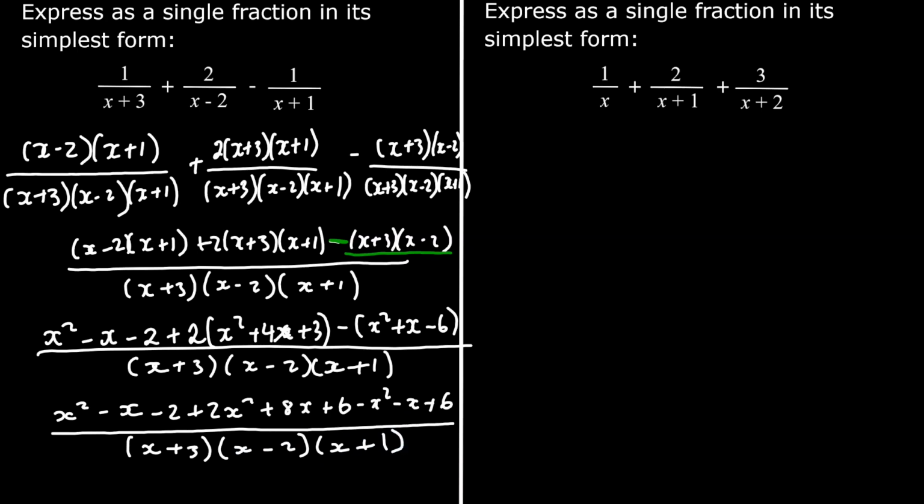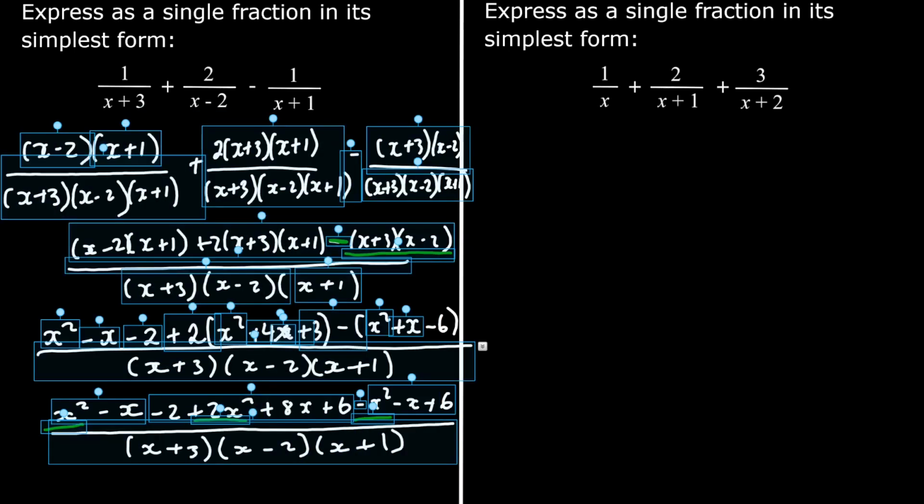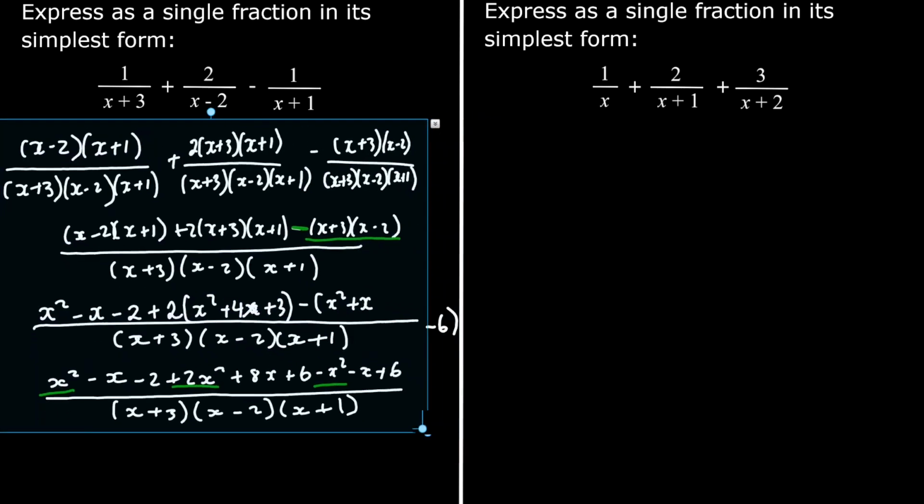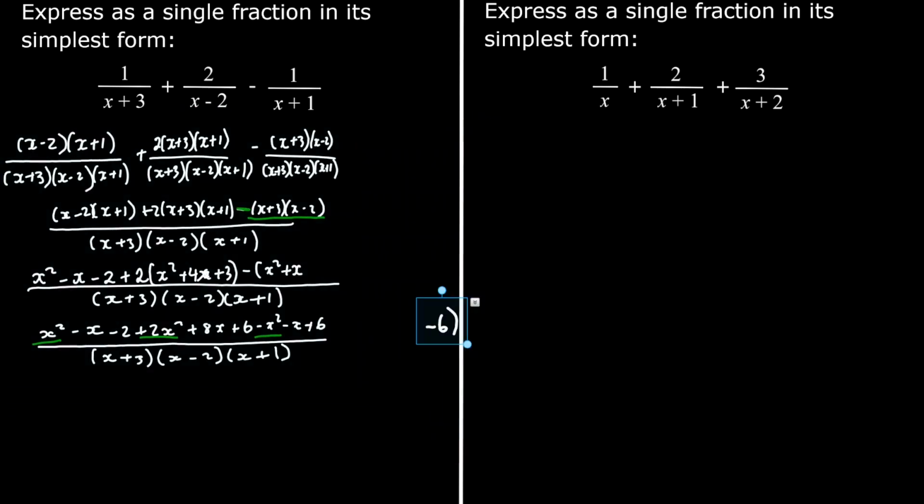And finally, collecting the like terms. So we've got x squared, 2x squared, minus x squared. So that's 2x squareds. For our x's, minus 1 plus 8 minus 1.